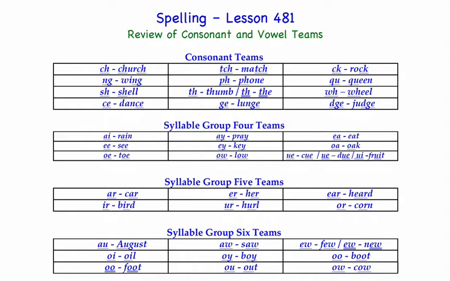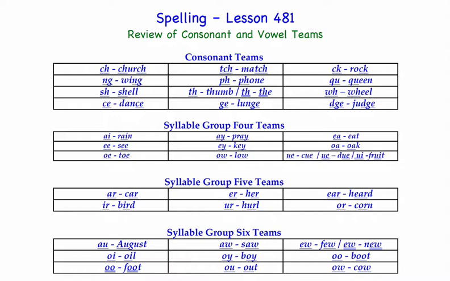PH represents the F sound. QU equals the KW sound, qua. SH represents the sound sh. TH has 2 sounds. The first sound for TH is th. The second sound for TH is th. WH represents the sound wa.